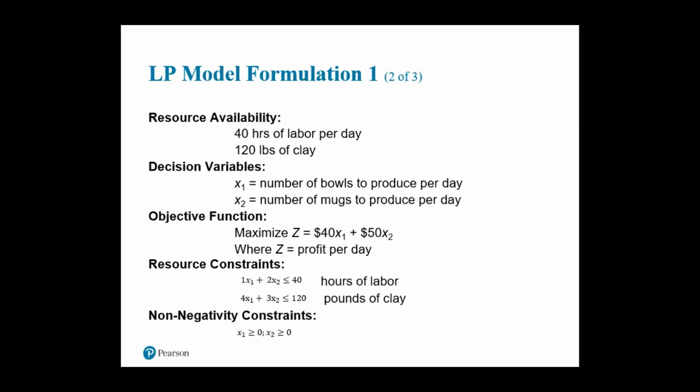We are told that if it makes one bowl, it will make $40 as profit. So we say that we are maximizing profit, which is Z. As for those nomenclatures, we are not too strict with them.